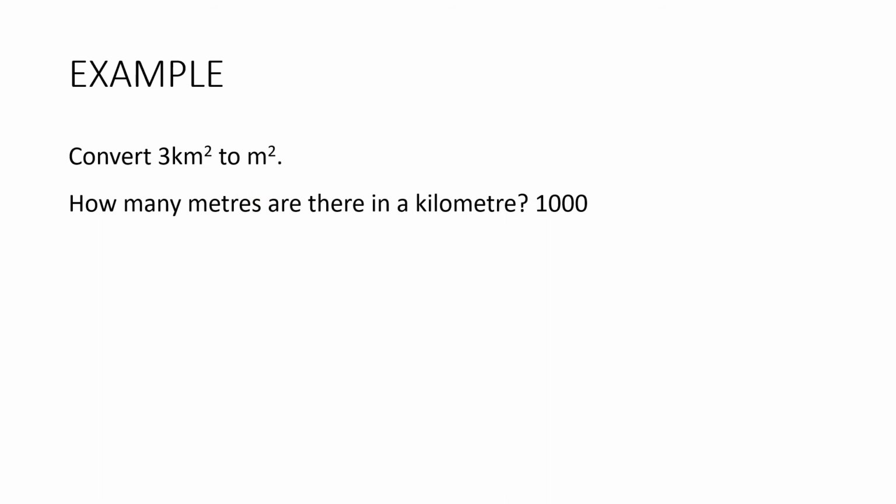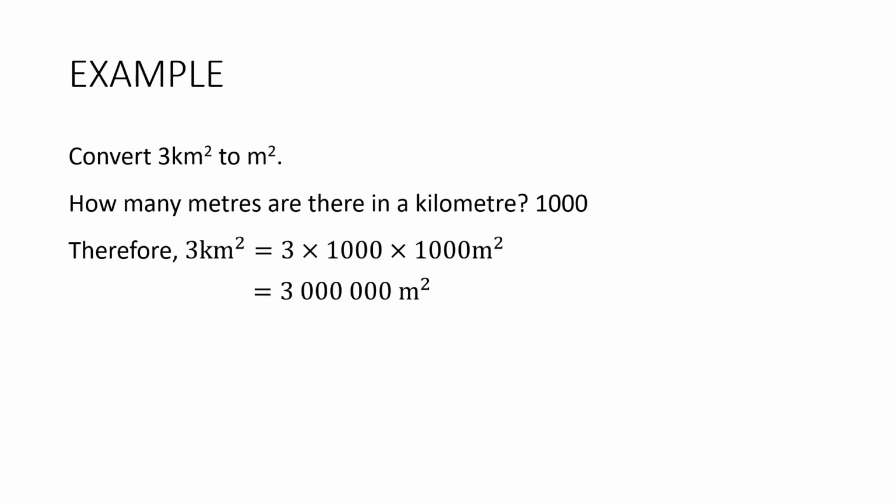So I'm going to get more of them. The way to get more is to multiply. So I'm going to multiply by 1,000, but I'm going to do it twice, once for each dimension. Because remember, we're going from kilometres squared to metres squared. They're squared units. So times 1,000 times 1,000. So 3 kilometres squared is equivalent to 3 million metres squared.